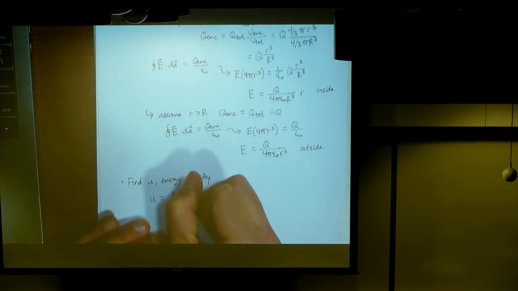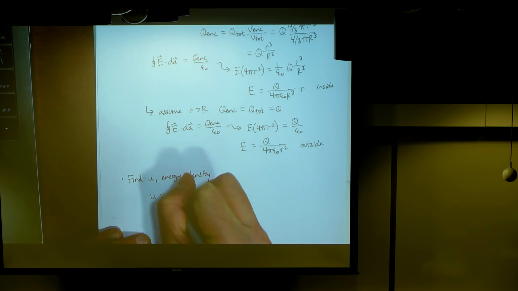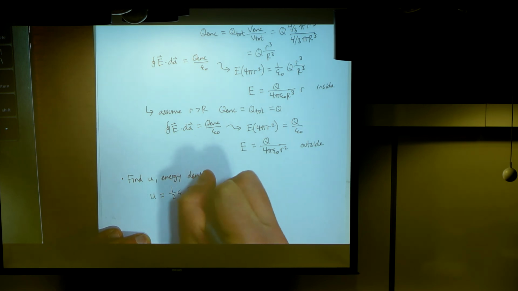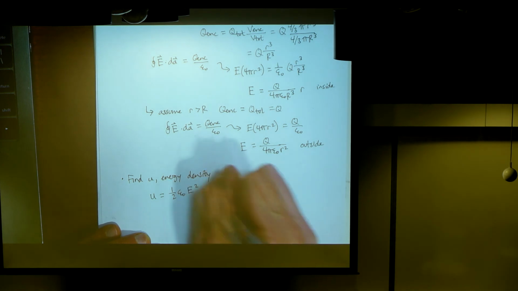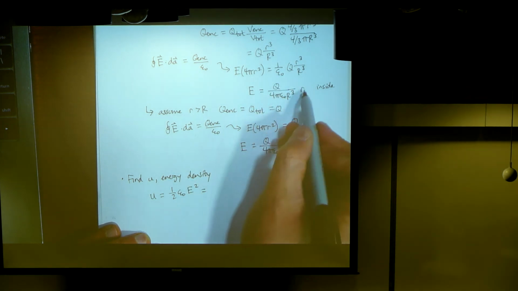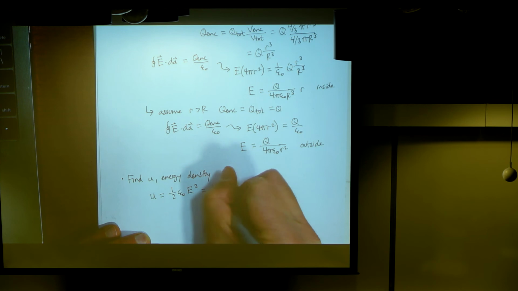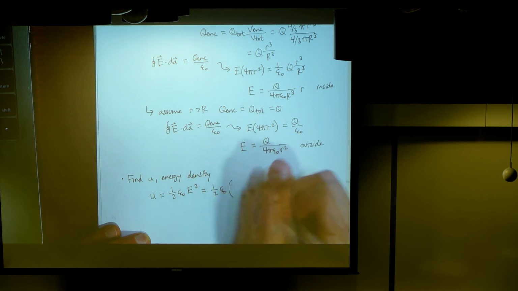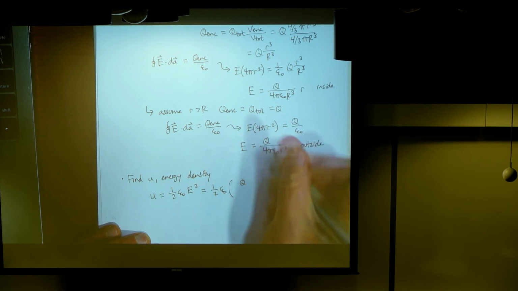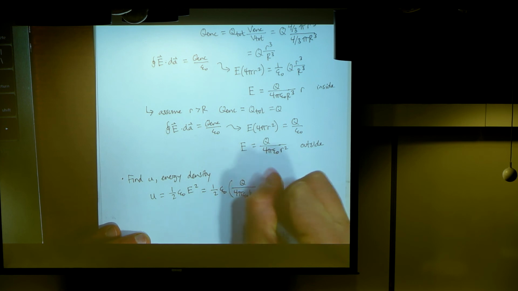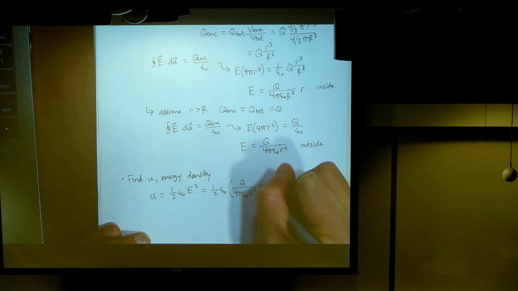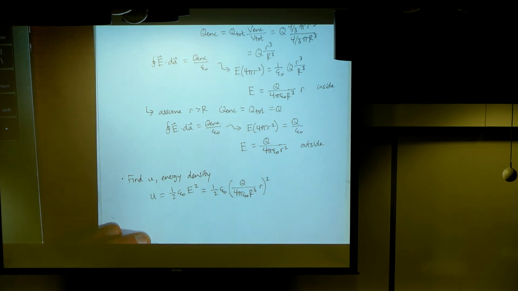This is going to be 1/2 times epsilon naught times the magnitude of the E field squared. If we do this for the inside expression, which is this one right here, I'm going to have 1/2 epsilon naught, and then E, it's going to be this whole thing, Q over 4 pi epsilon naught big R cubed times little r, but I'm going to square the whole thing, okay?